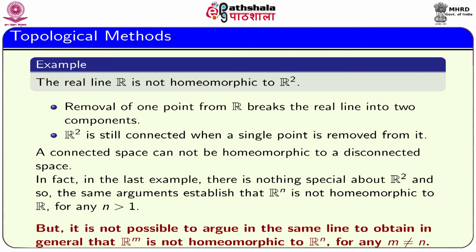So here, mere topological techniques are either inadequate or difficult to use to establish that Rm and Rn are not homeomorphic.